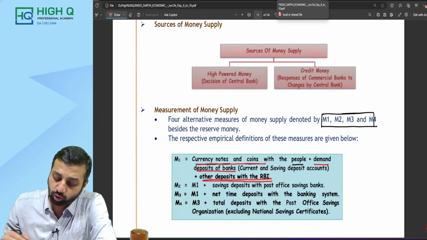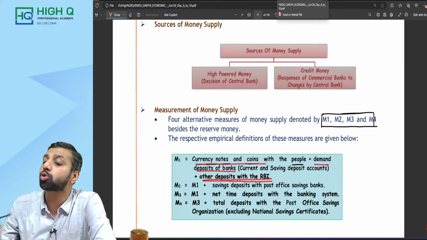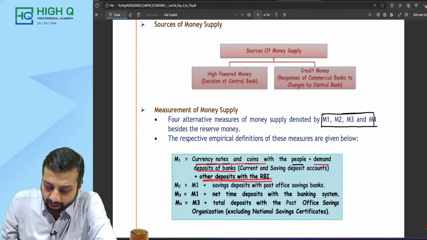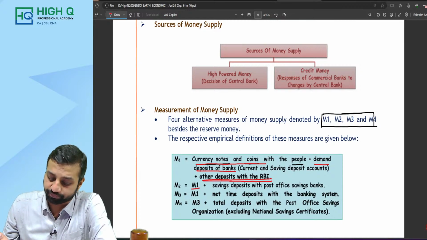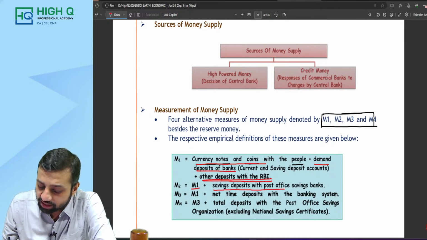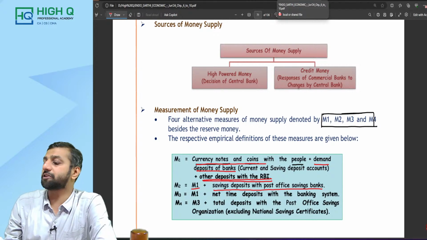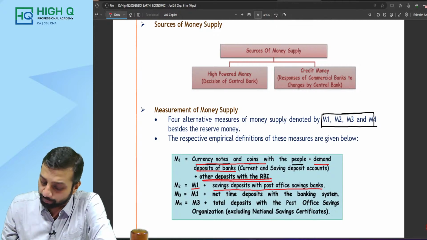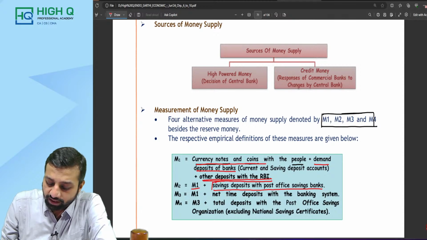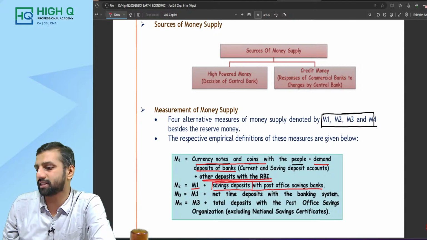Now there is M2 which includes bank plus post offices. So M2 is equal to M1 plus savings deposit with post office savings bank. So in a post office savings bank, they have certain saving deposits.